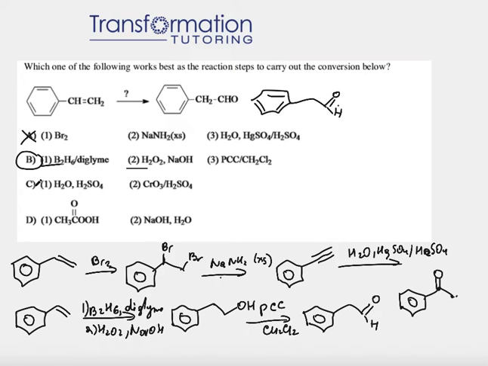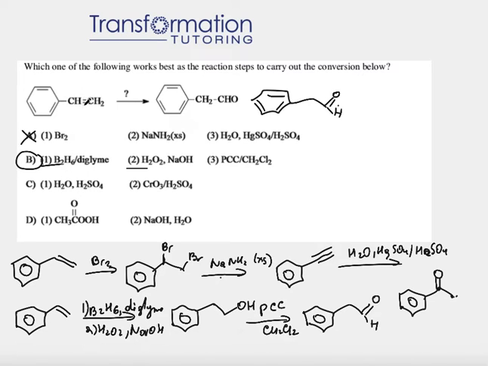Now let's just go ahead and look at C and Z, just to see why they do not work. I will just talk about it instead of writing. H2O with H2SO4 puts OH on the most substituted carbon from where the double bond used to be.